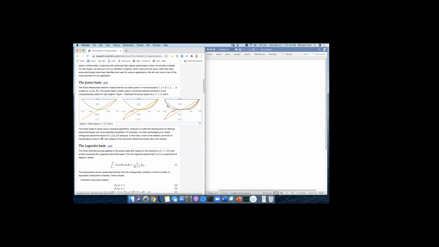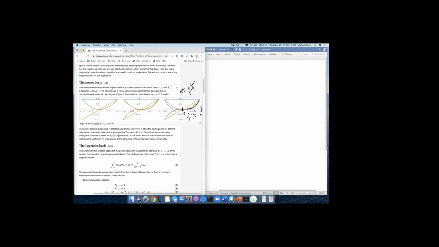That instability can be seen visually if you look at these 4th order polynomials. So P is equal to 4, and you can already see the trend. This right here is the 4th order polynomial, the purple one, and it's becoming more and more difficult to distinguish between x cubed and x to the 4th, in particular on the domain 0 to 1.